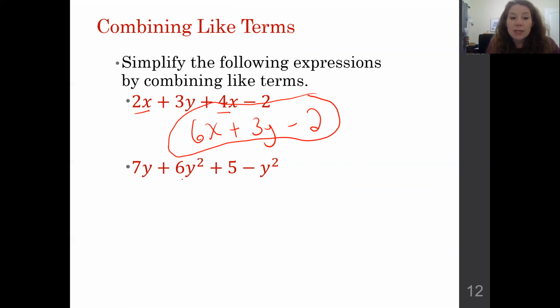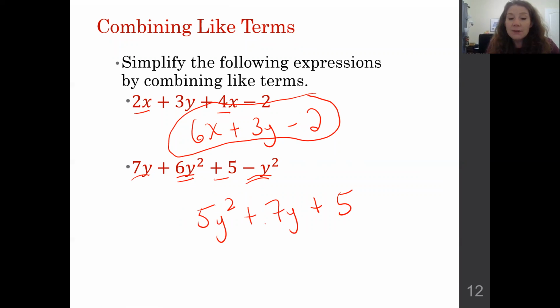All right, the bottom one, let's start with the highest exponent. So positive 6y squared minus 1y squared. 6 minus 1 is 5y squared. And then the other 2 terms are unlike each other, so we're going to write positive 7y plus 5.